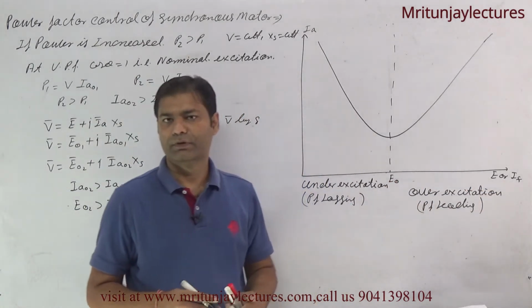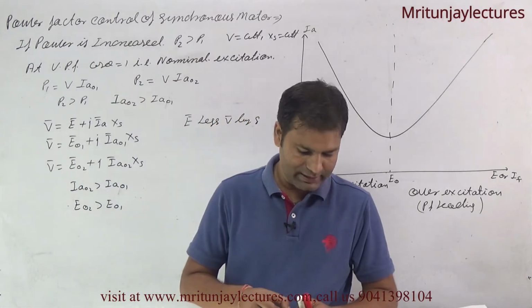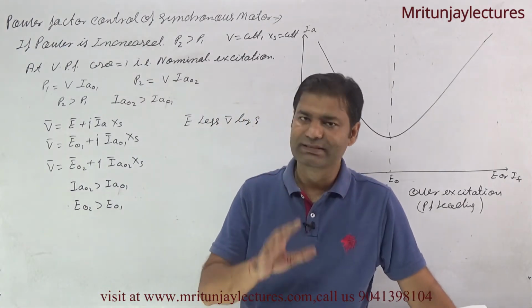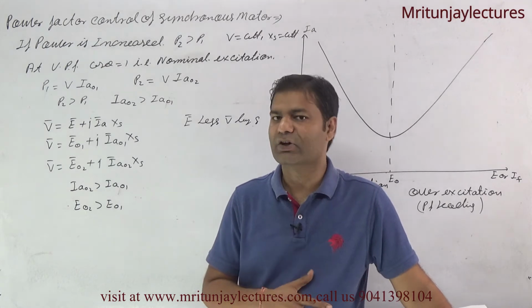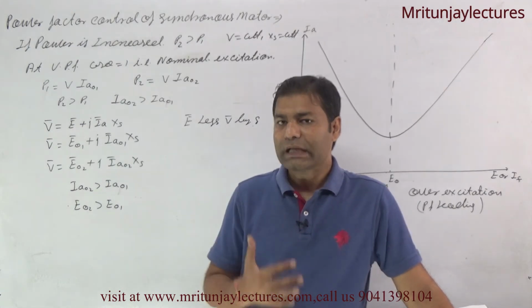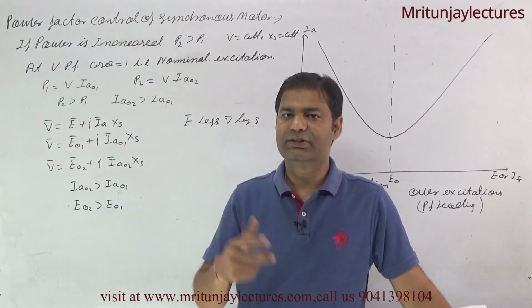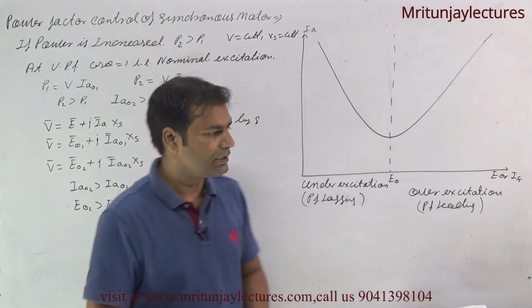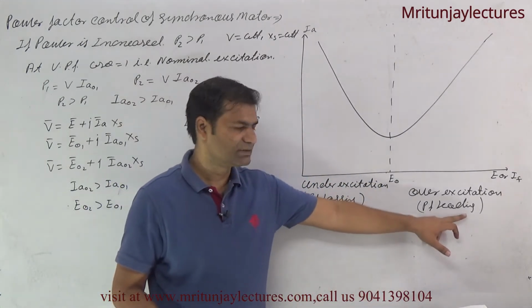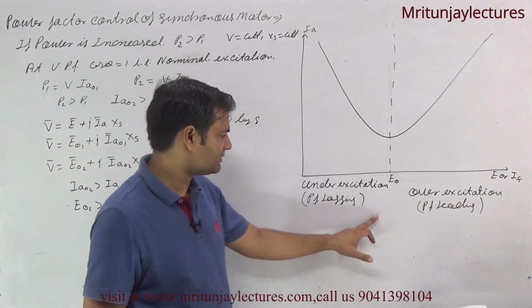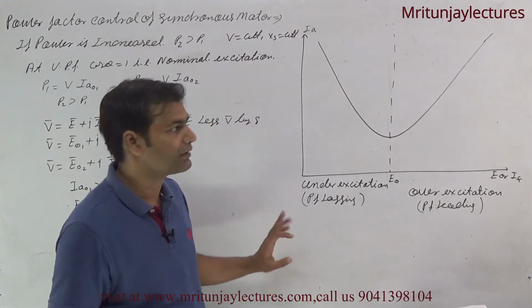If E is less than E naught, that is called under excitation. If E is greater than E naught, that is called over excitation. This range corresponds to power factor leading, and this range corresponds to power factor lagging. Clear?